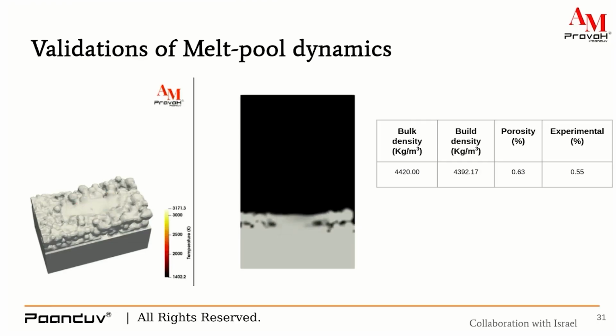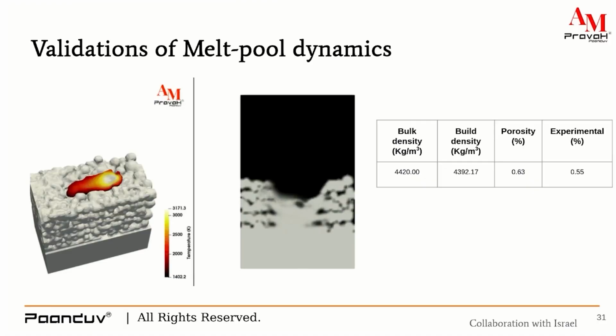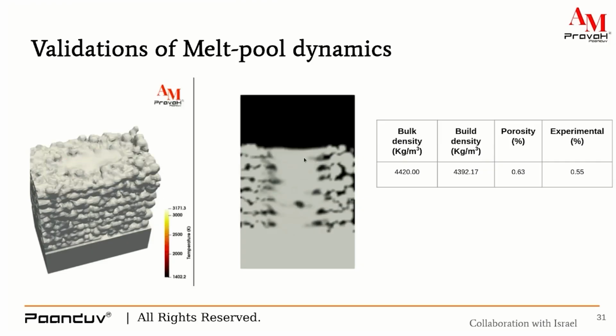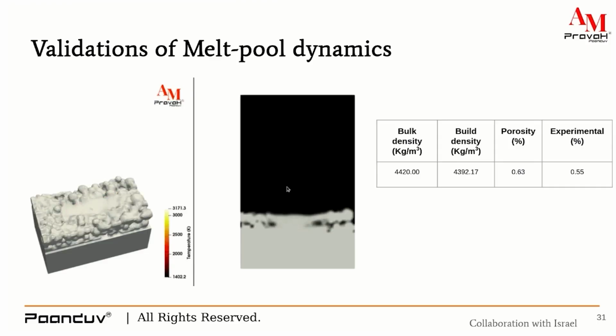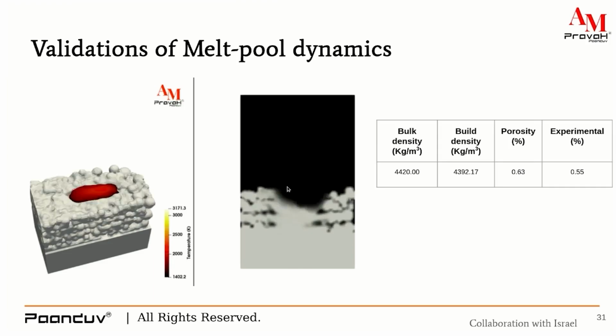The reason why I'm showing you the validations is because we want to build trust for you to do numerical simulations for metal additive manufacturing. It will build the trust for numerical simulations, and hence it can efficiently cut down the investments and the time and the resources that people are investing right now on the experimental side of things.